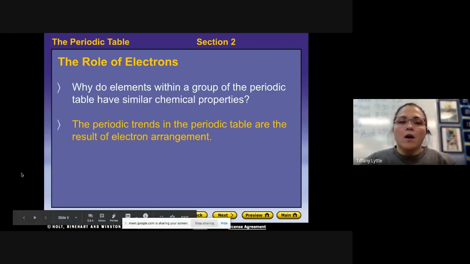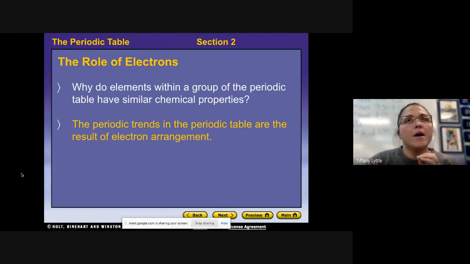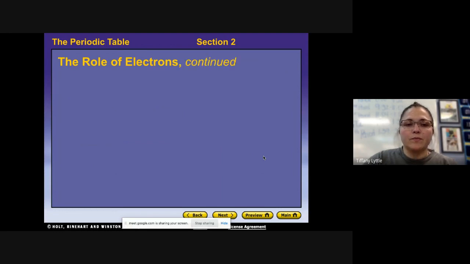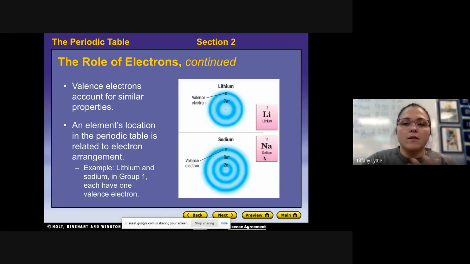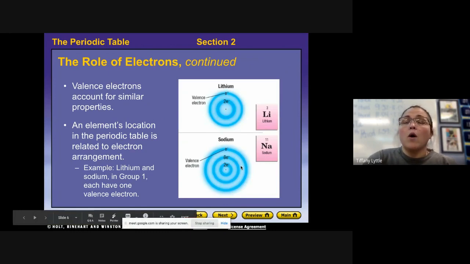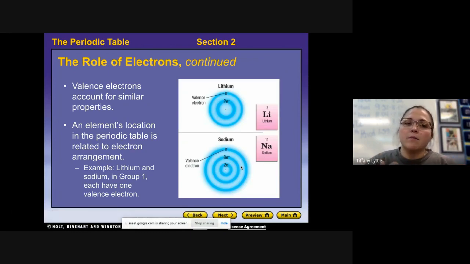So, the electrons play a large role in how elements or atoms will bond and how they will behave. And so periodic trends in the periodic table are the result of electron arrangement. The valence electrons, or the outermost electrons in an atom, are what account for elements having similar properties.